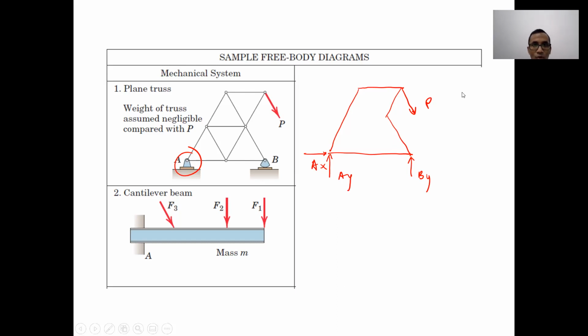Next one, I want to ask Benedictus Rahadian. Yes, sir. Benedictus, please help me to draw the free body diagram of number 2. Remember, it's known that it has mass M there. So there's F1, F2, F3.